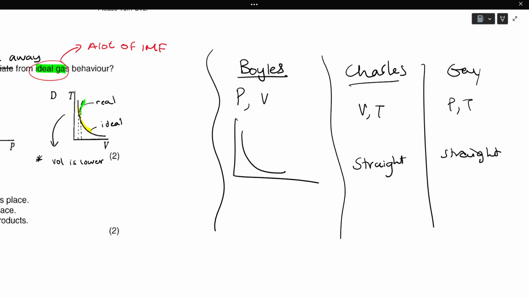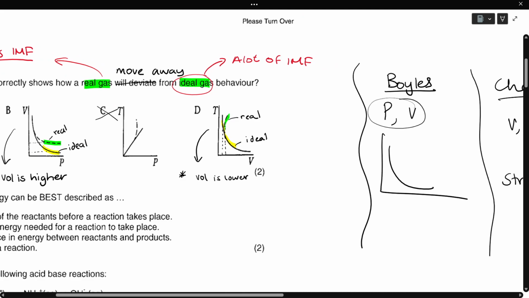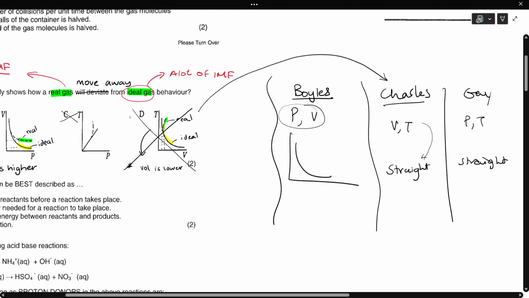So that should be your first clue. Anywhere where you don't see P and V, strike that off if it's not a curve. If we look at graph D, they're dealing with temperature and volume. Temperature and volume is the Charles graph, and we know that the Charles graph is a straight line graph. So this should definitely be incorrect. Okay, so you can scratch that out.